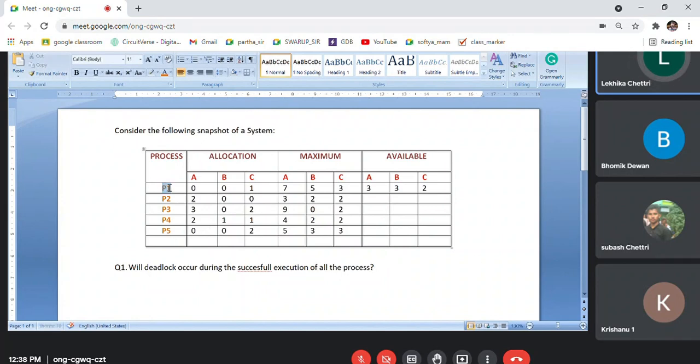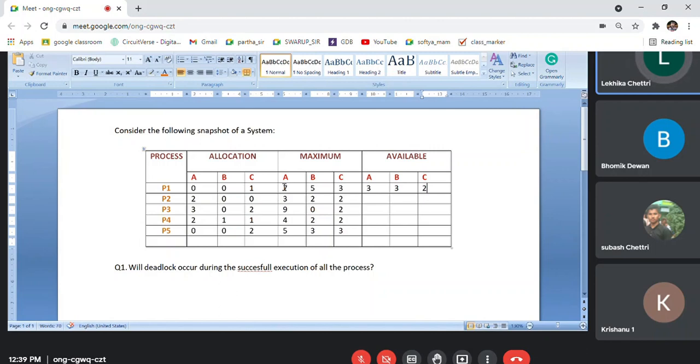Now P1 itself needs 7 copies of A, 5 copies of B, 3 copies of C, or time, whatever you would like to say. But the system only has 3 minutes of resource A, 3 minutes of resource B, and 2 minutes of resource C. If I assign these to P1, my system will immediately enter into deadlock because it needs 753, but right now we have only 332 available.